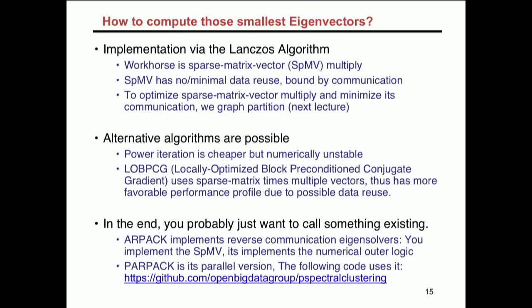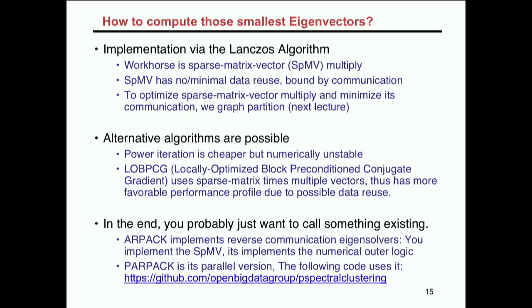Okay, that leaves us with one real problem, which is how do we compute the k smallest eigenvectors, right? K eigenvectors that correspond to the smallest eigenvalues. That makes more sense, but it's a mouthful to put on the title. The often used algorithm is called Lanczos.